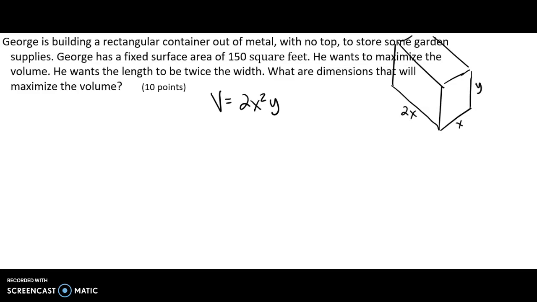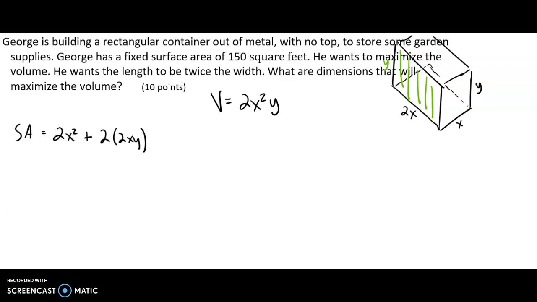Well, you've got the base, and the base would be 2x squared. So surface area is 2x squared plus, let's see, how many of these do we have? There should be two of those, given by 2xy, so plus 2xy.